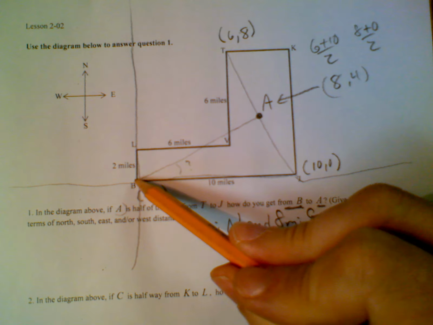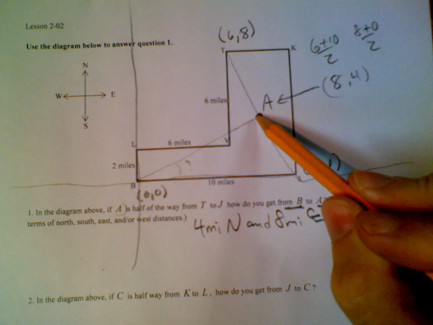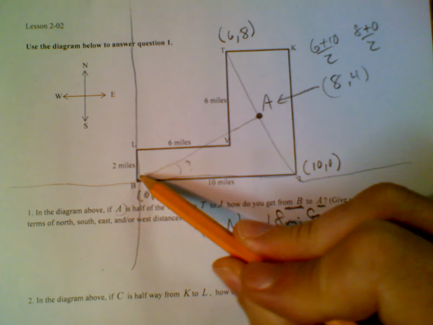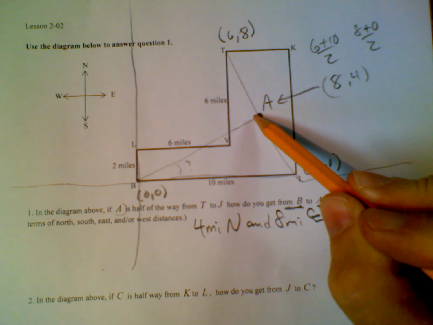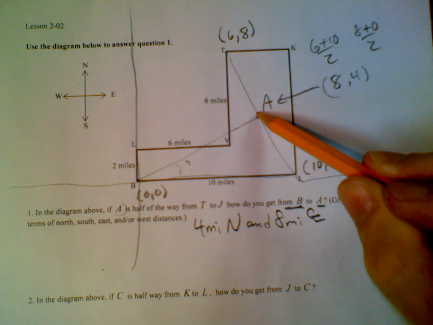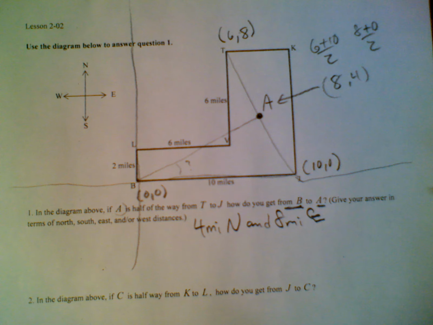I don't know. I'm not asking you. Okay. So I'm not asking you to find that distance there. You might even know how to do it. And if you don't, you're going to learn how to find this distance later this year. But that's not what I'm asking you. I'm just asking you for an east and north combination. Okay? There's our final answer.